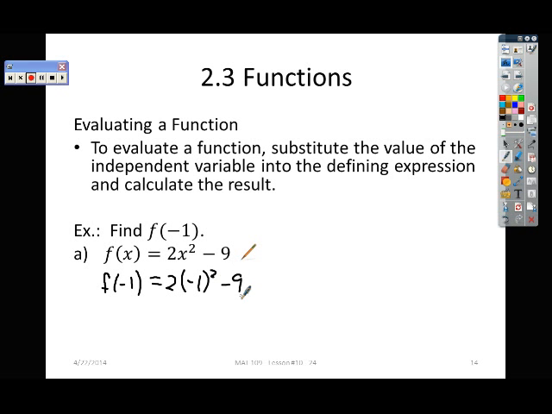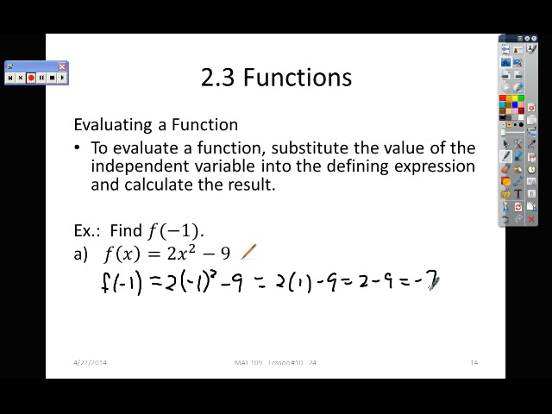And then do the arithmetic here. So follow order of operations. And this is the value of the function f when it's evaluated at negative 1. So f of minus 1 equals minus 7.